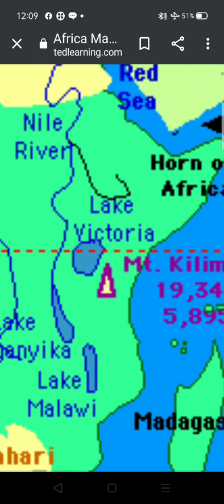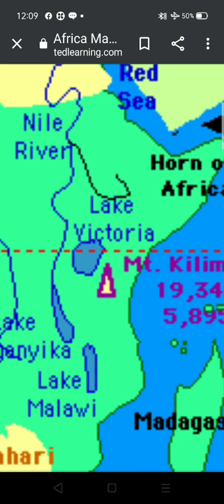Lake Victoria, above that you can see near the equator. This is the largest lake, and it is one of the largest freshwater lakes in the world. In the world itself, this is the largest freshwater lake.